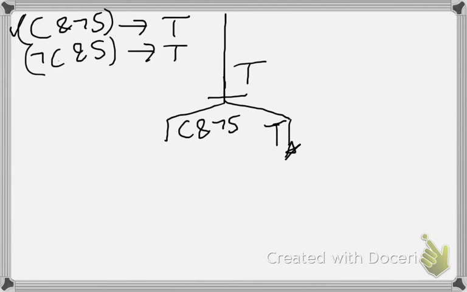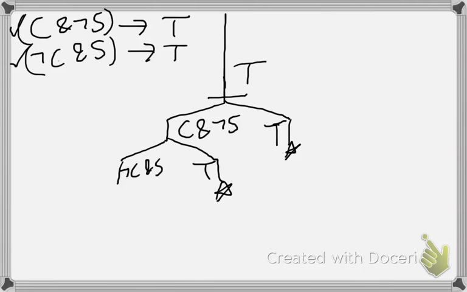The next thing I'm going to do is take apart the second premise. So we'll get not C and S here. We'll get T here. And so again, this branch will close off because we have a T on the left-hand side of the tree and a T on the right-hand side of the tree.